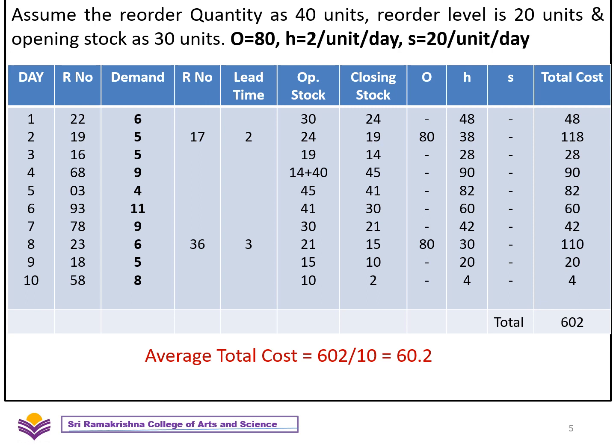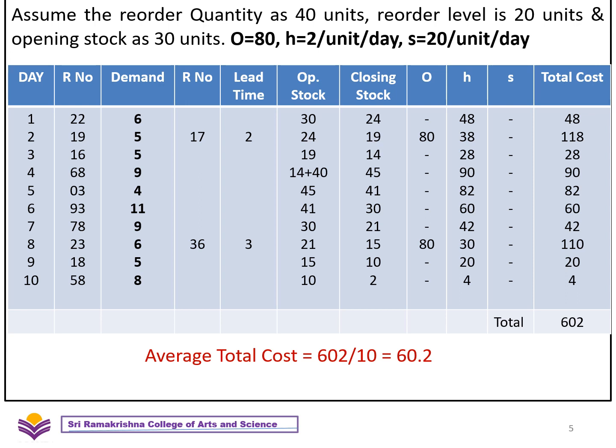There is no order placed on that day, there is no shortage, so only these 45 units are going to be taken to the next day with a holding cost of 45 into 2, that is 90. So the total cost is going to be 90 on the 4th day.